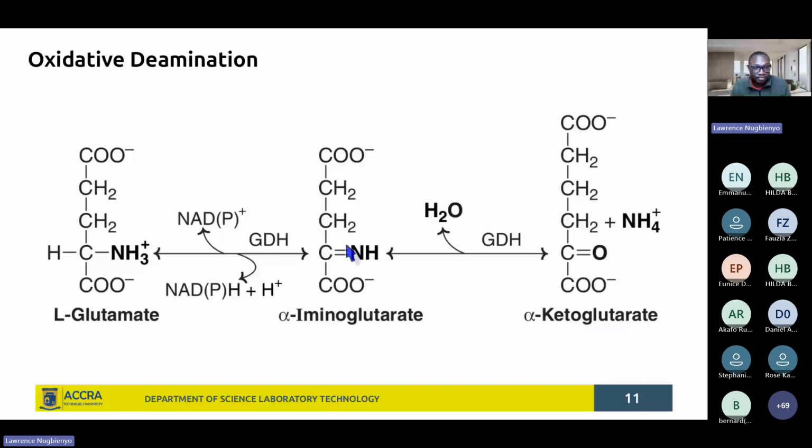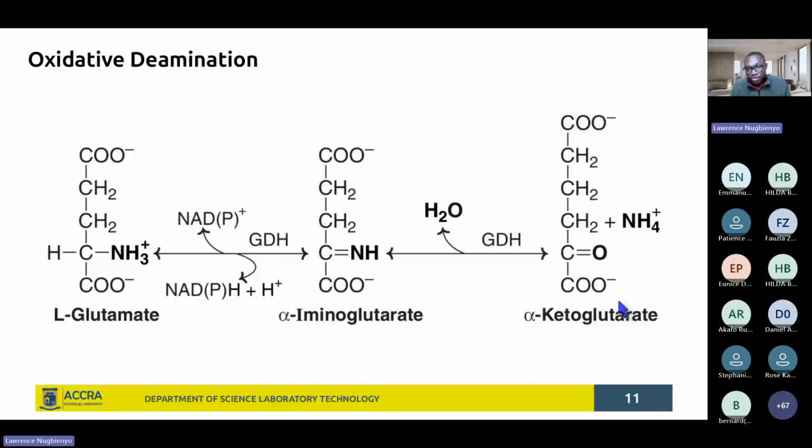In place of that amine group, you now have a C double bond NH. The reaction continues with the removal of that NH group, and in place of it you have a C double bond O, with the amino group removed in that process. Along the line, water comes into the reaction. Then you now have your alpha ketoglutarate.